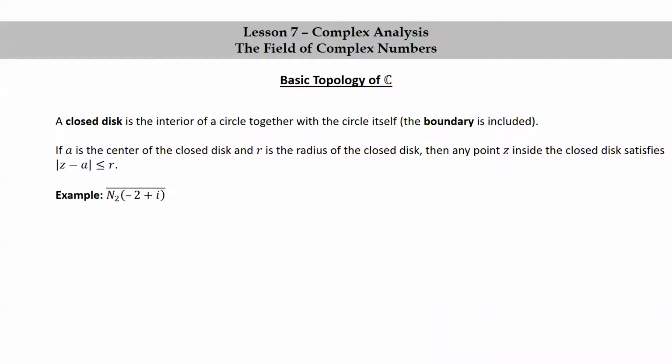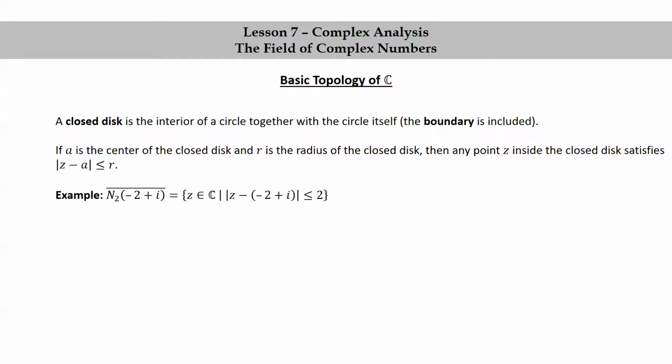Here is the closed disk that is the 2 neighborhood of negative 2 plus i, but including the boundary. The bar above suggests that we want to include the boundary, and it will be a closed disk instead of an open disk.